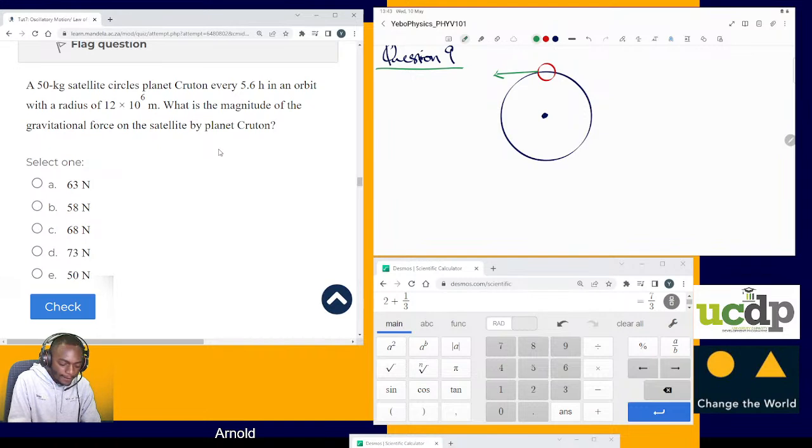Okay, and we've been told that this distance is 12 times 10 to the power of 6 meters. What else are we given? The period is equal to 5.6 hours, which is equal to 5.6 times 3,600 seconds.